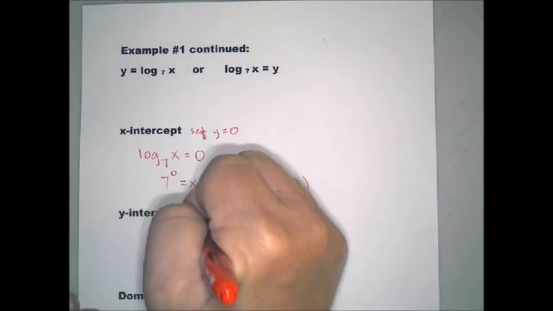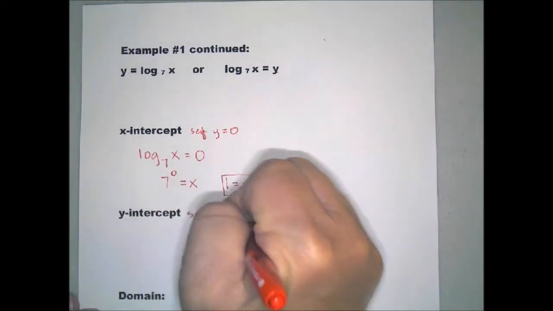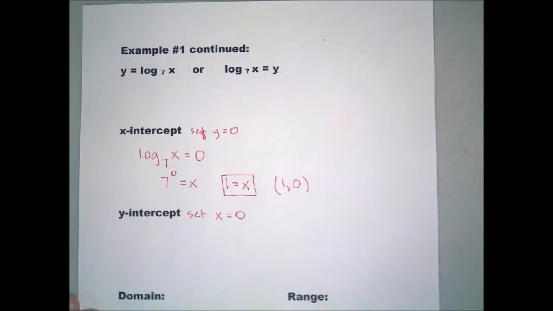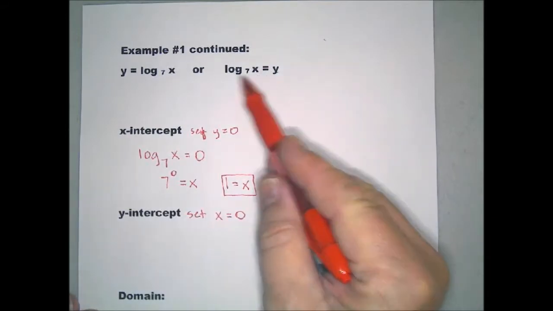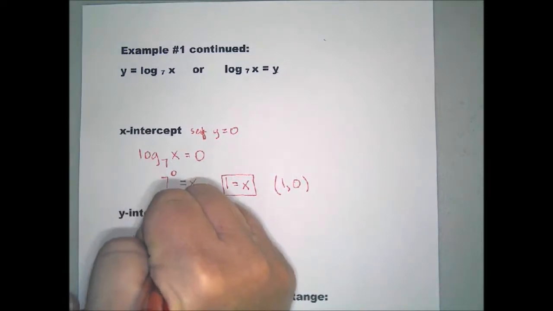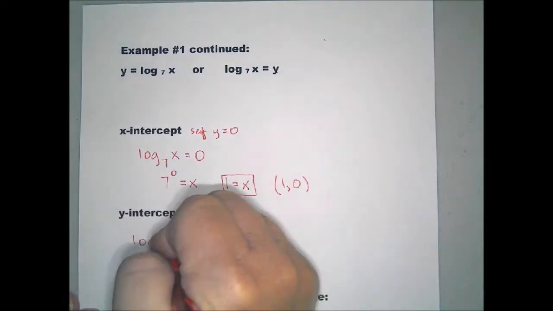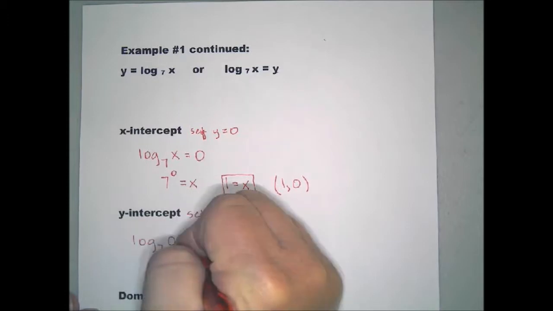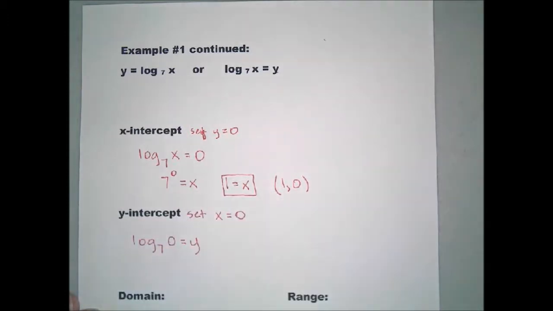Now the y-intercept, set x equal to 0. So let's go back to the same equation again. Log base 7 of x equals y. And this would be log base 7 of 0 equals y.